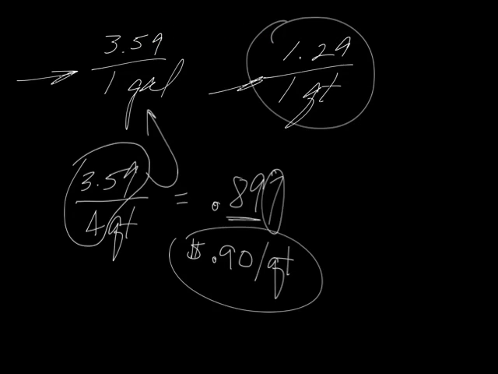So we can either change our gallons to quarts and put a 4 there, and then divide $3.59 by 4 to find out how much it is per quart. Or we can change quarts to gallons, so we'd multiply our quarts times 4, because that would be the same as 1 gallon, and then we multiply $1.29 times 4.